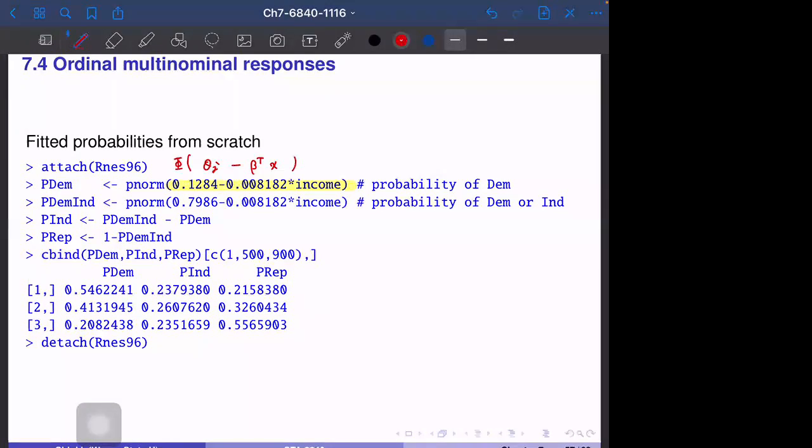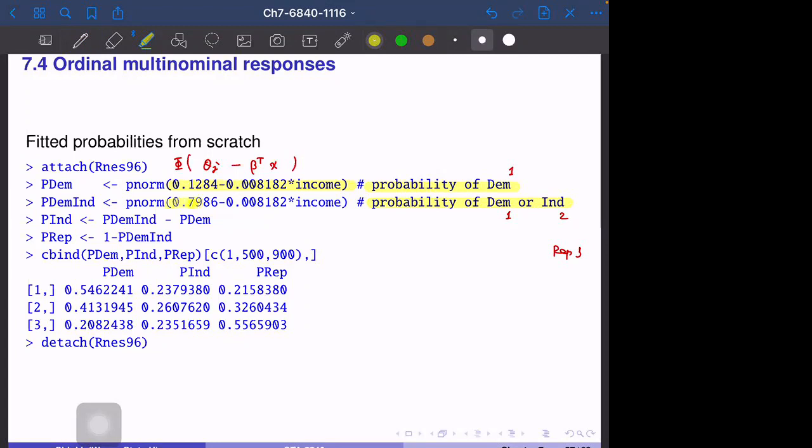Remember that this is an ordinal model. We calculate the probability of them, where them is 1 in the ordered variable, independent is 2 and Republican is 3. So we estimate the probability of them and the probability of them or independent.